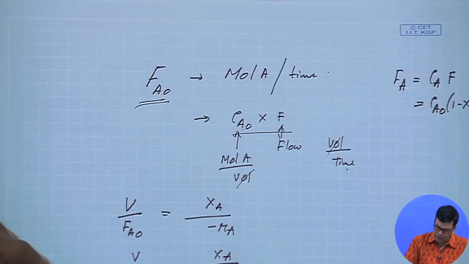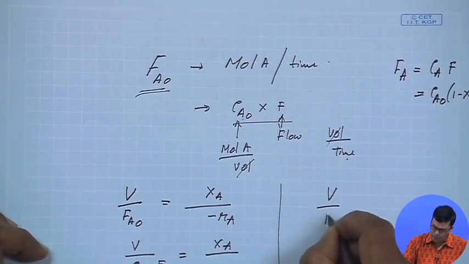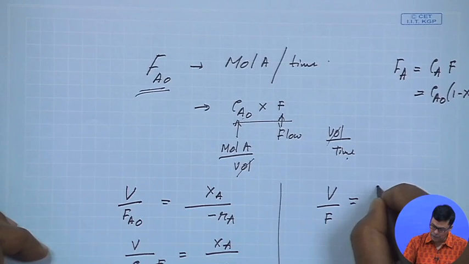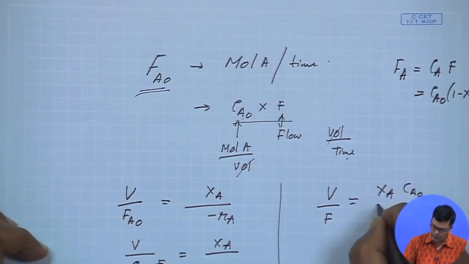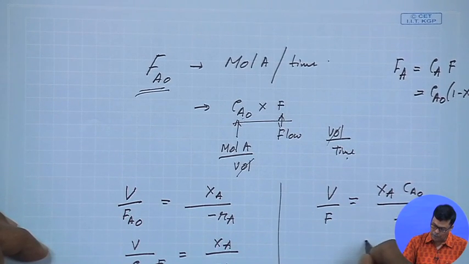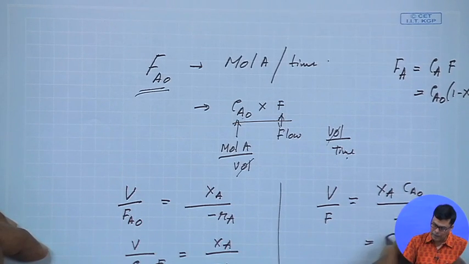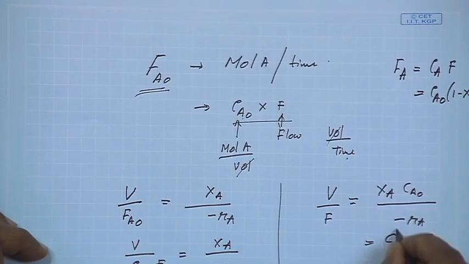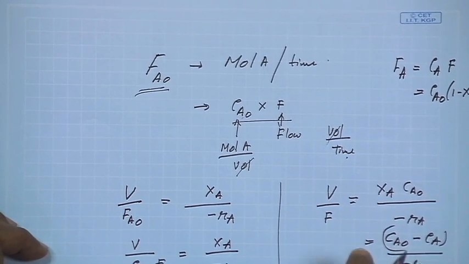Am I right? So here I can write V by F equal to XA into CA0, divided by minus RA. And what is XA into CA0? It is the substrate that is converted, that is CA0 minus CA, divided by minus RA. So this is very simple.